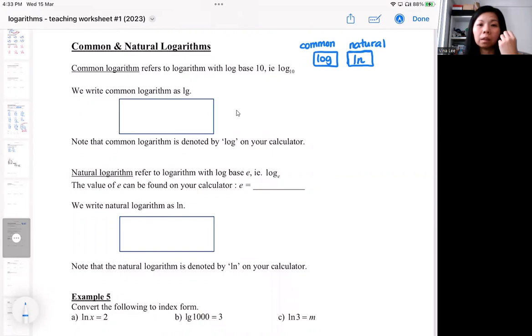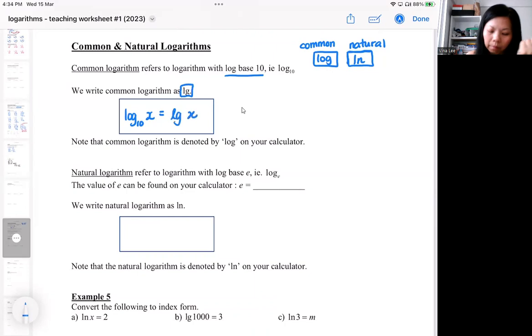So what is a common log? Common log is the one with base 10. That means it will be a base 10. For example, if I write base 10, they actually gave a proper shortcut. The shortcut is LG. So when you see LG, the base is 10, but they do not write it.